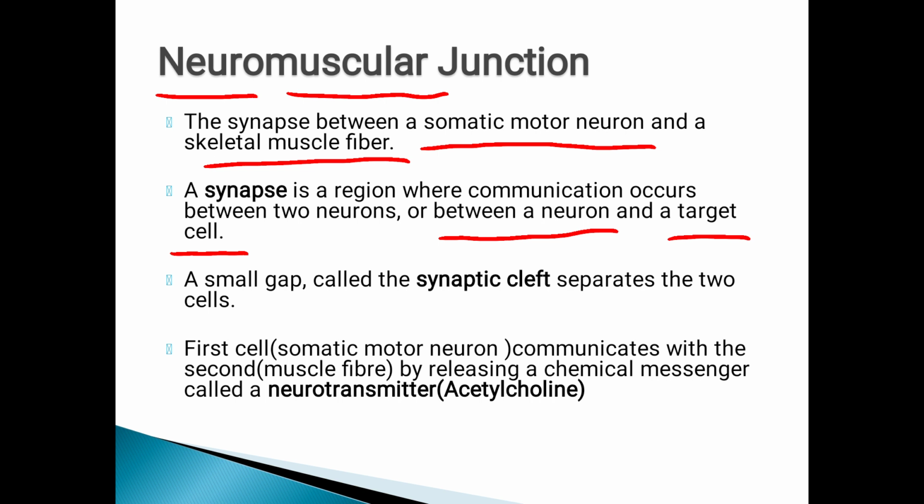So that will bind to the motor end plate, that is the sarcolemma of the muscle fiber, and that's how the muscle will contract. So we'll see now the diagram.